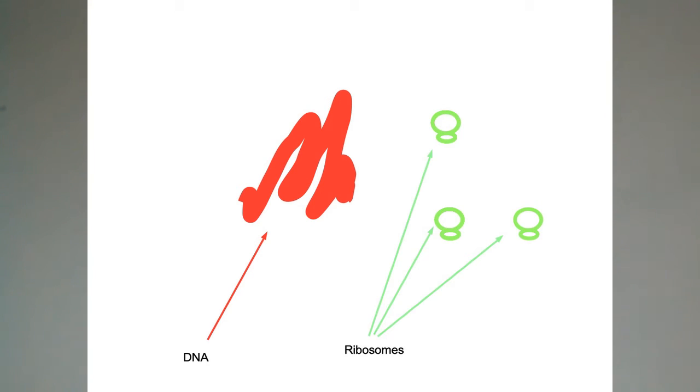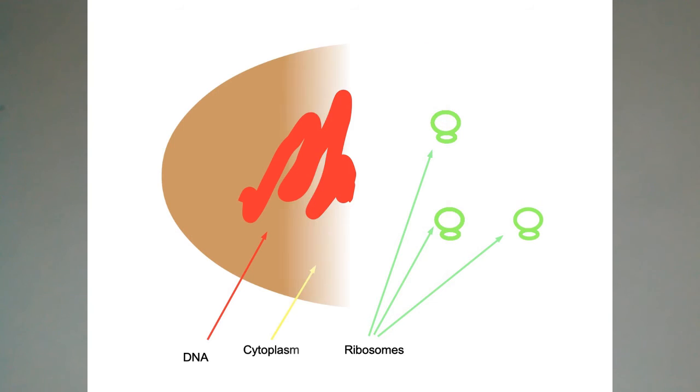DNA contains all the information that is needed to create the organism to which that cell belongs. The other thing all cells have are ribosomes. Ribosomes are responsible for transforming the information that is coded in the DNA into the reactions needed to actually create the organism to which the cell belongs.